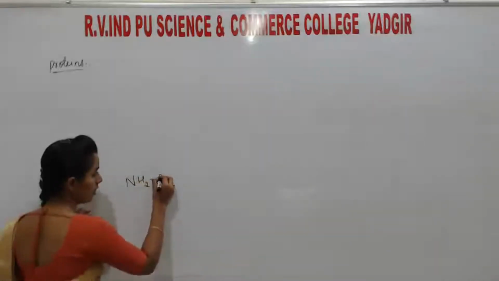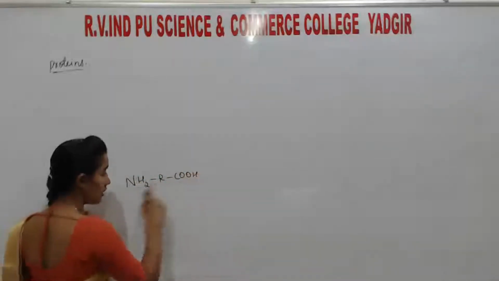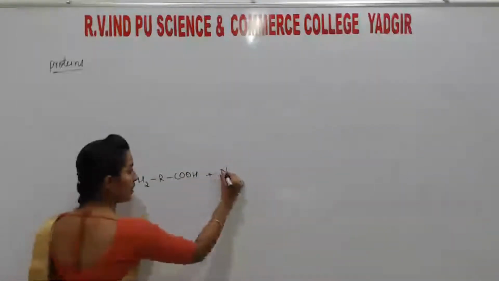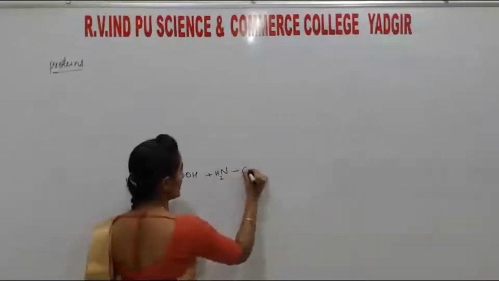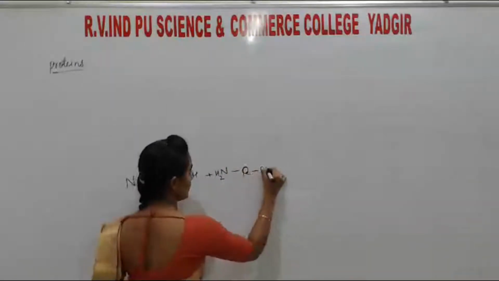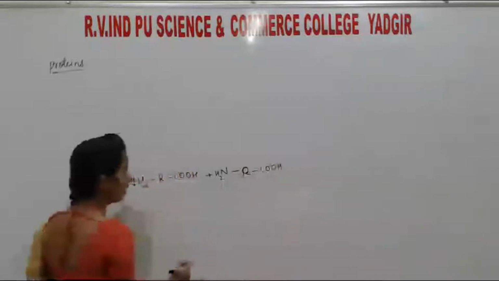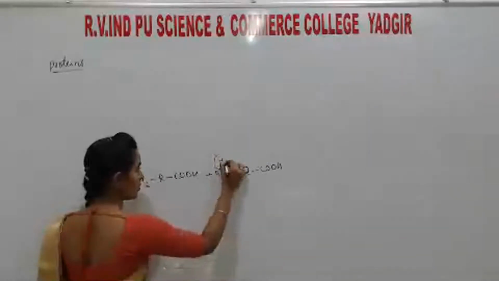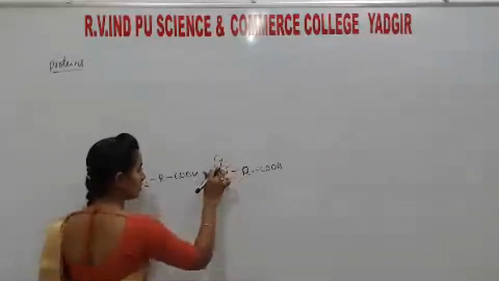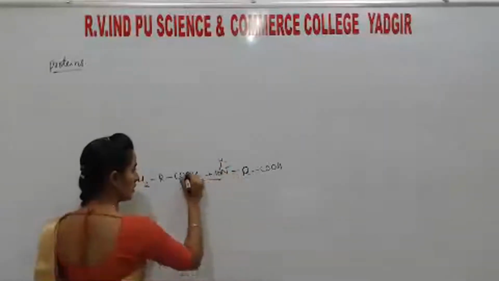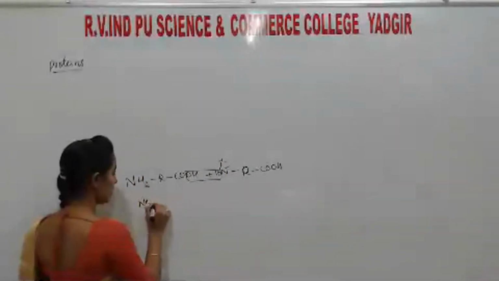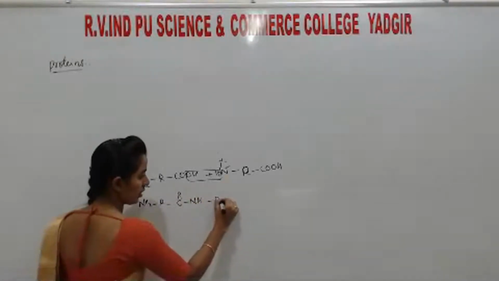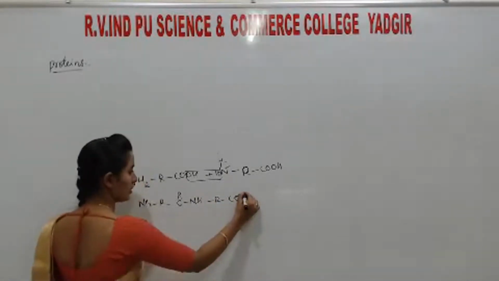NH2 and COOH. These are what? Amino acids. So these are involved in the peptide bond, meaning NH2 and COOH. Remember, 2 are there. So from here and here, H is there, and H2O is removed. Not only that, so simply consider, then it is NH or CO. Just remember.